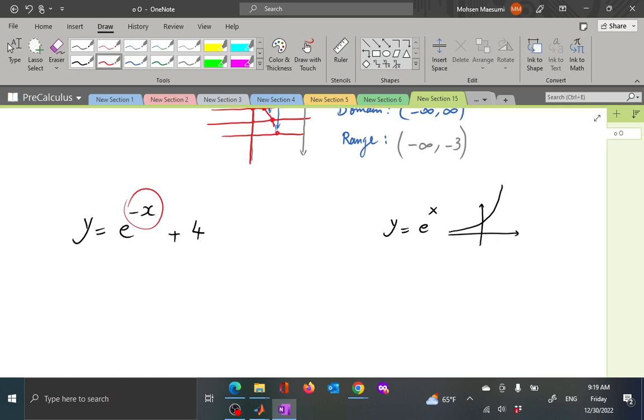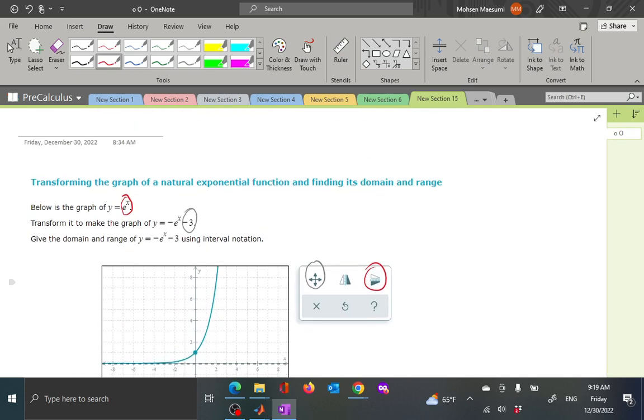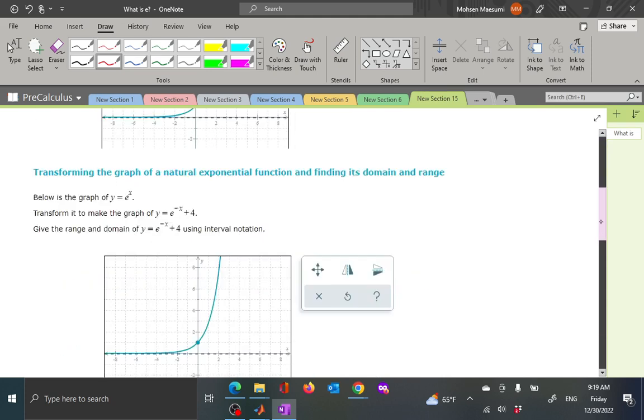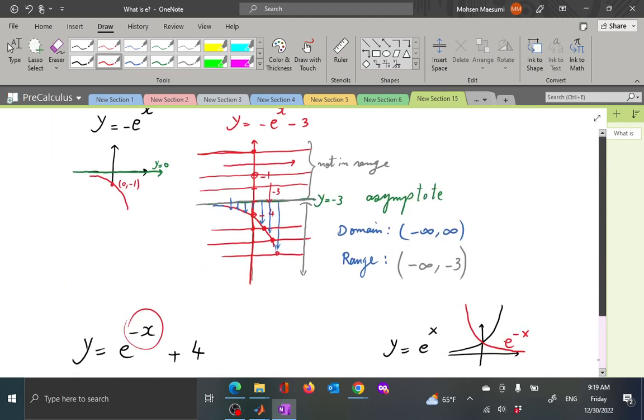Changing x's to minus x's simply means you're flipping the picture across the y-axis. So this is the graph of exponential of minus x. Again, you use this flipping mechanism. It flips it left to right, right to left, across the y-axis. Once you are done with that, you say, okay, I take this thing and I want to drag it. Which way is it going to go? Plus 4 means we are going to go up by 4.